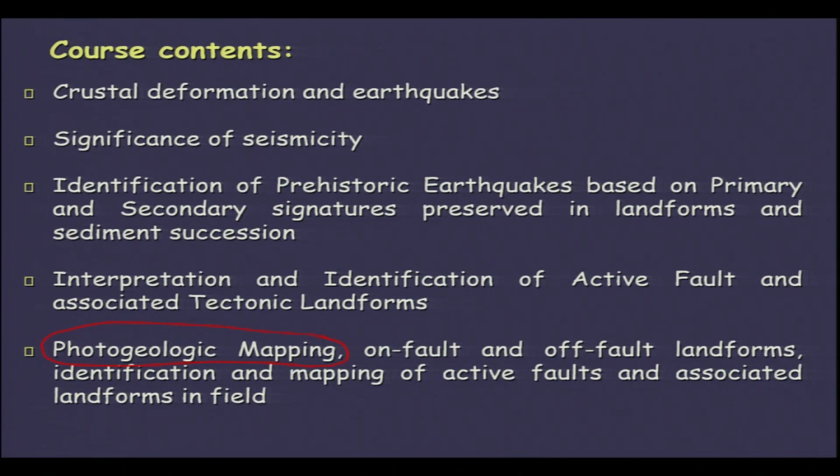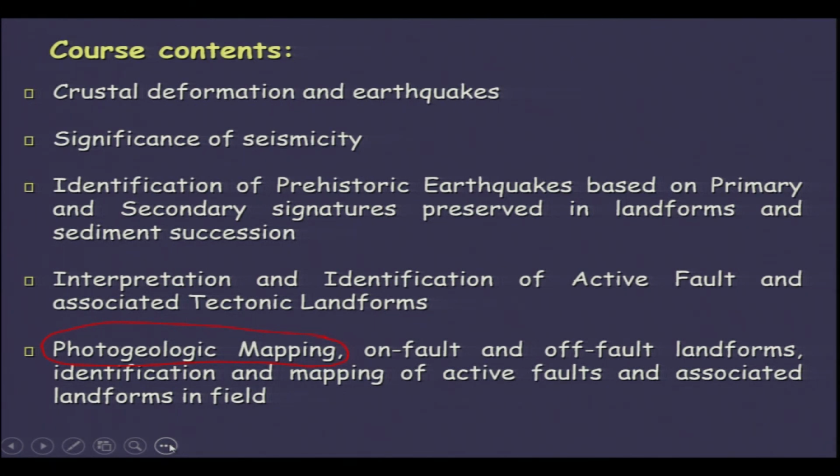So, we will try to generate 3D perspective views, and how they have been generated, what data one can use, because the National Remote Sensing Agency provides very good high resolution data which one can use for identification of such landforms and preparing detailed morphological maps. Okay.